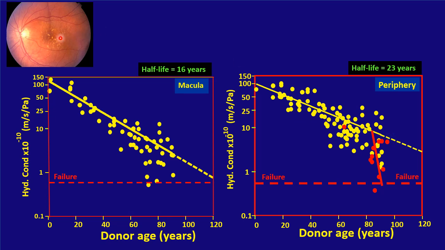In AMD, we cannot sample macular regions because of extreme degeneration and presence of scar tissue, but we can sample the peripheral regions. In AMD, this decline in the peripheral regions, as shown by the red circles, is much steeper.